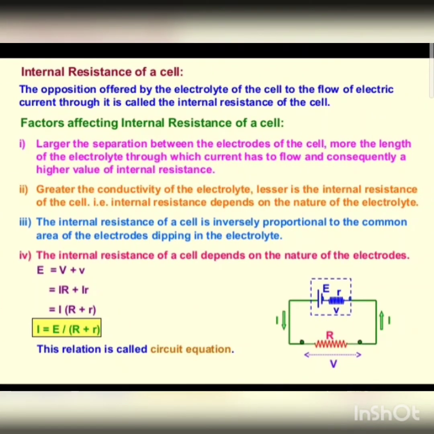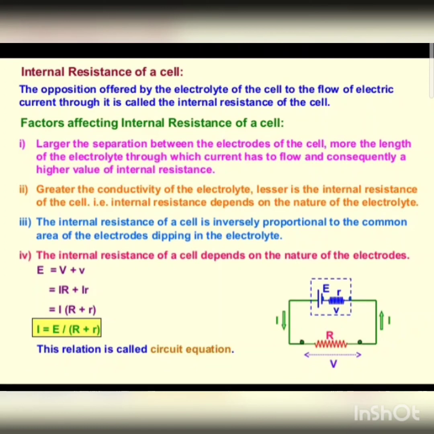Our next topic is internal resistance of a cell. The opposition offered by the electrolyte of the cell to the flow of electric current through it is called the internal resistance of the cell. What are the factors affecting internal resistance of a cell? The larger the separation between the electrodes of the cell, the more the length of the electrolyte through which current has to flow, and consequently a higher value of internal resistance.